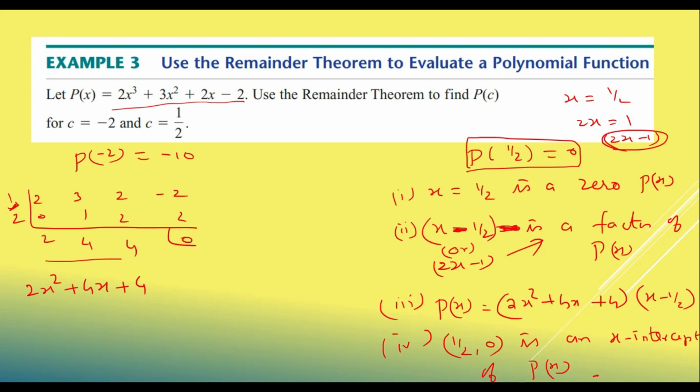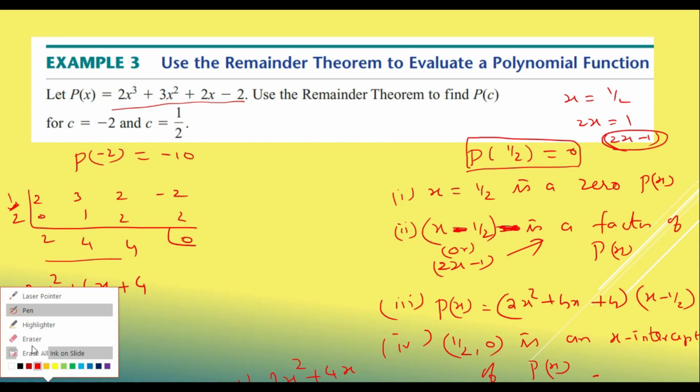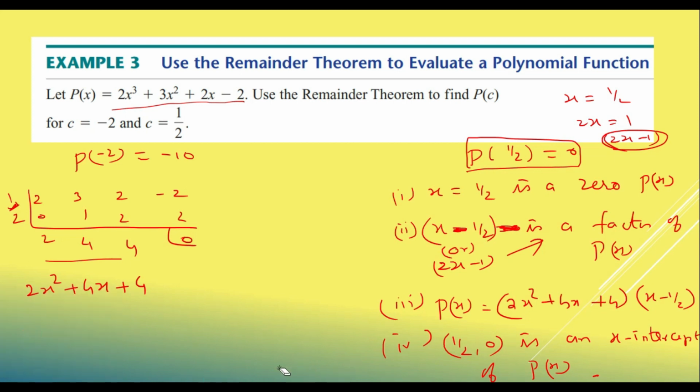Finally, fifth point, when the remainder is 0, the quotient will give you a reduced polynomial 2x square plus 4x plus 4. We'll write here the fifth point. The quotient 2x square plus 4x plus 4 is called the reduced polynomial.